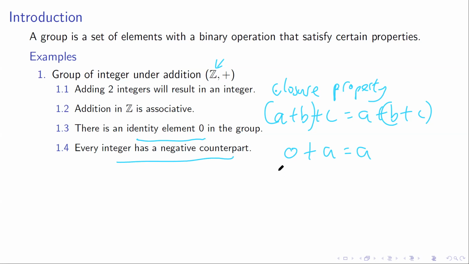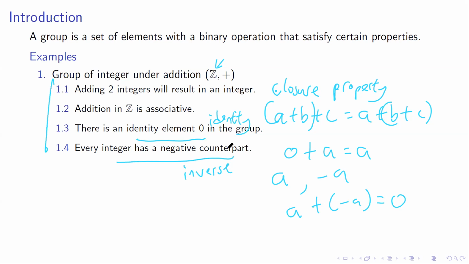So let's say an integer A again, and we have the negative counterpart minus A. If I add A and minus A together, I will get back the identity element 0. So this is the inverse property, and this is the identity property. With all these four properties, we can form a group.